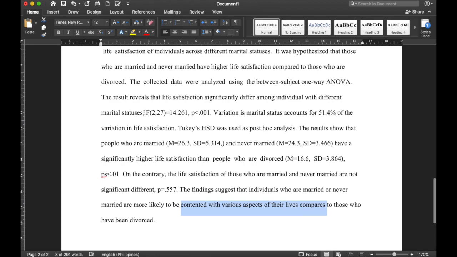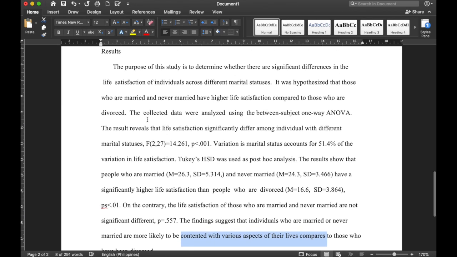Okay. And then finally, let us italicize all of our notations. That is very important. Even this one, HSD, which stands for honestly significant difference.